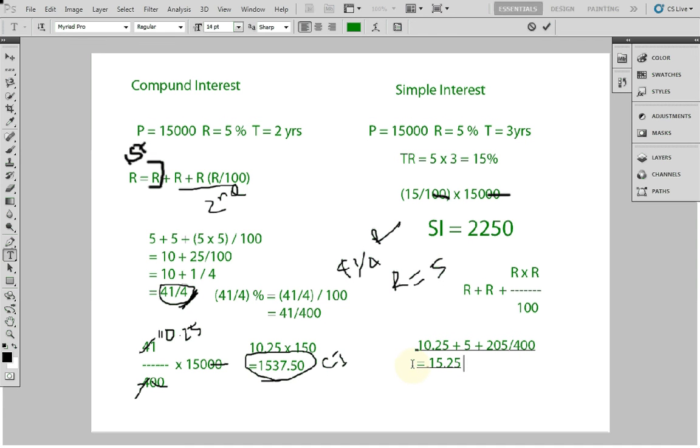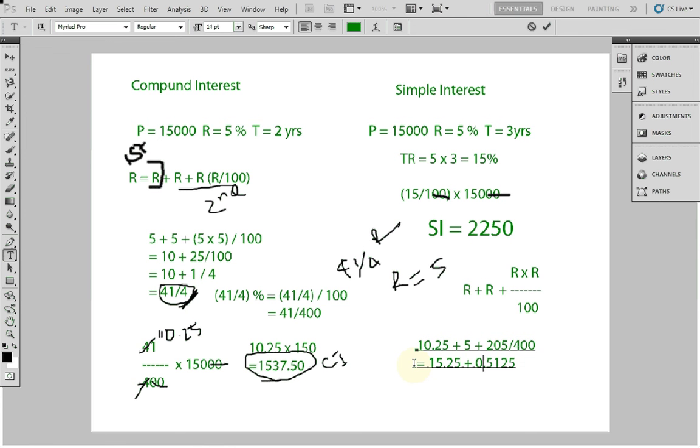15.25 plus, here just to calculate the value there: 4 5s are 20, 4 ones are 4, 4 2s are 8, 4 5s, but actually there is 100, no. So the point will be here 0.